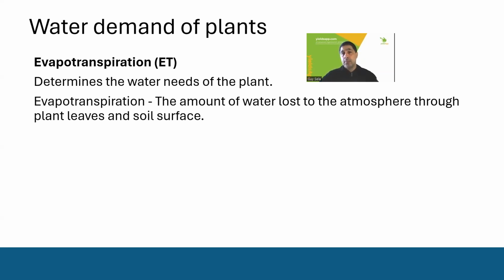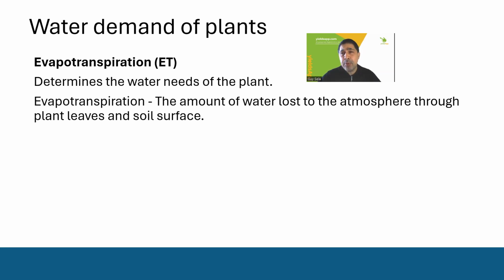Water evaporates from the soil, and through transpiration, it is also lost to the atmosphere through the leaves of the plants. That's why it's called evapotranspiration.